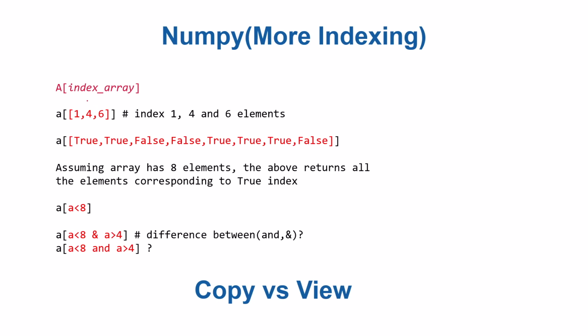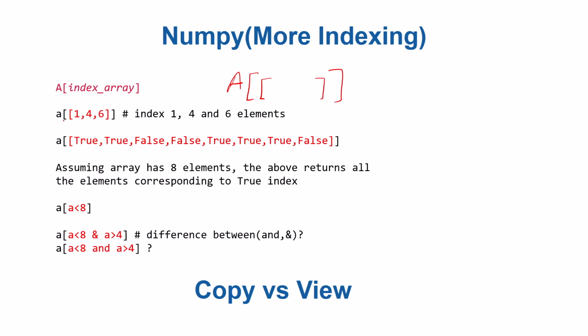Okay, there is another way of indexing a NumPy array. In the last video we saw we can do slicing notation, for example, start from here, end at here, and stuff like so. There is another way of accessing a NumPy array: we have an array A, and we can just give an index array inside.